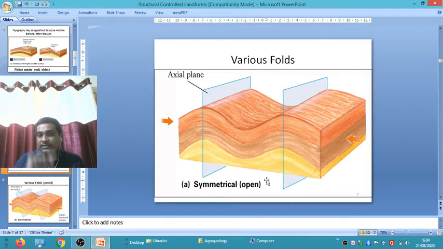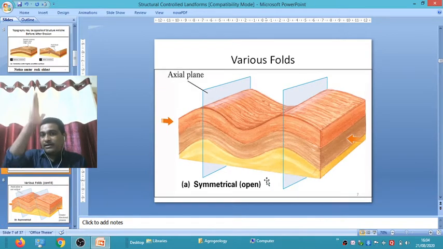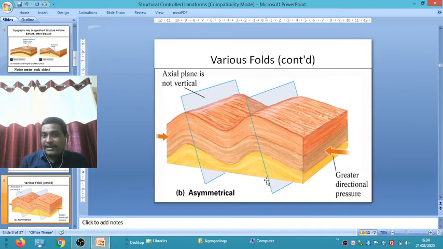Symmetrical fold means the folds present within the layers are symmetrical. Okay, this is asymmetrical fold. In asymmetrical fold the axial plane is not vertical, and here the axial plane is vertical, called symmetrical, and non-vertical is called asymmetrical fold.